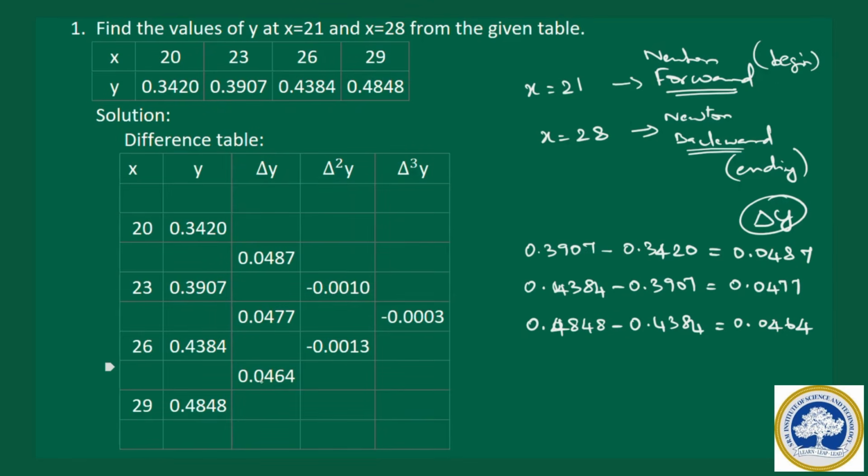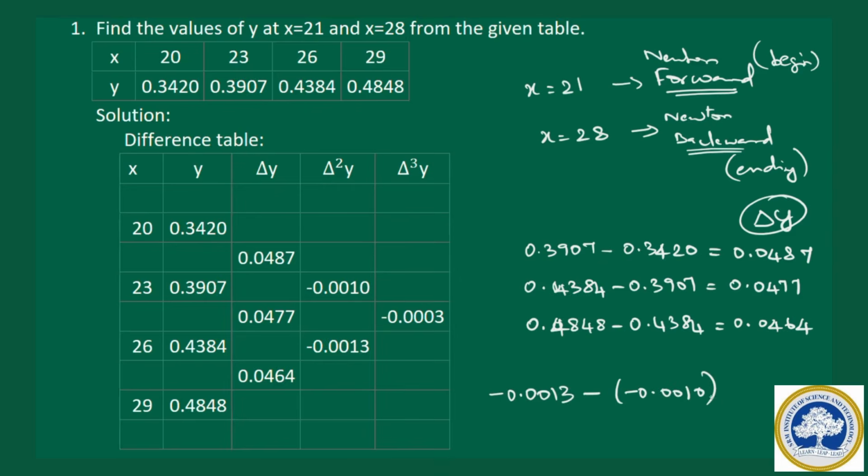Similarly here 0.0464 minus 0.0477 will give you minus 0.0013. Again minus 0.0013 minus of this will become plus. Anyway, we have to subtract it, right? Both are negative, so we have to subtract it. Let me write it over here. We have to do like this.